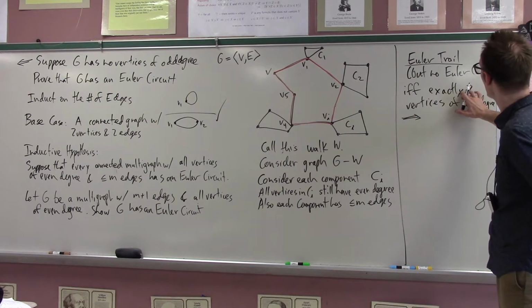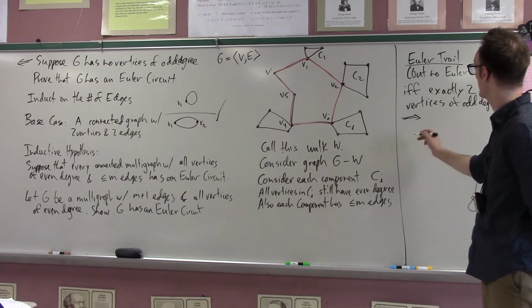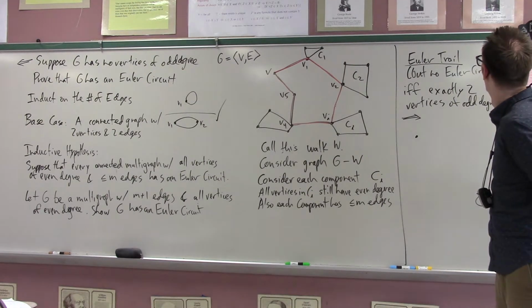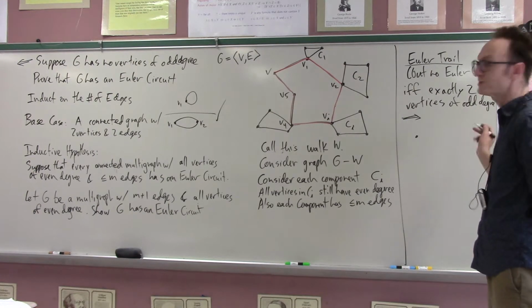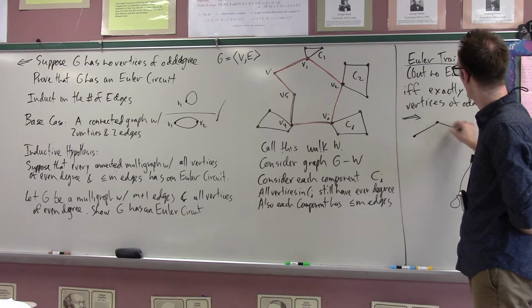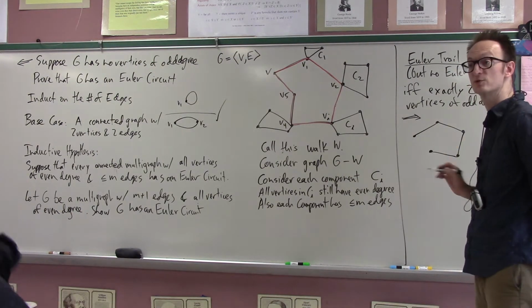Why must there be exactly two vertices of odd degree if there's an Euler trail but no Euler circuit? Well, there can't be zero unless there's no Euler circuit. No, but let's do the forward direction first. Oh no, that's what I have to show, that there are exactly two of odd degree. So here's somewhere where I start, and I go on and on and on, and I eventually end somewhere else, right?